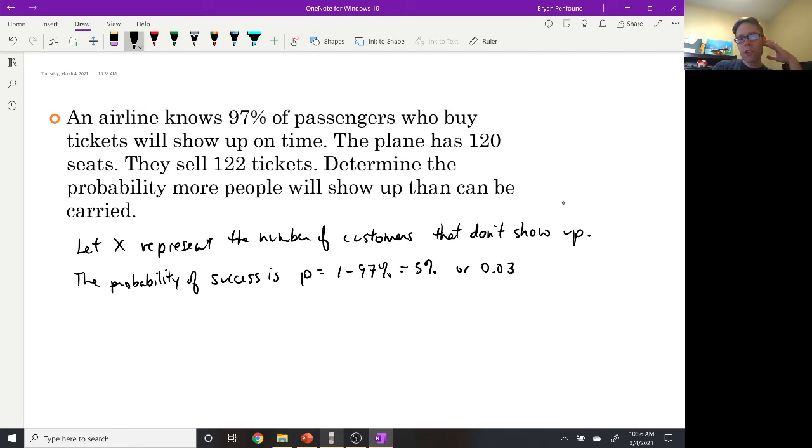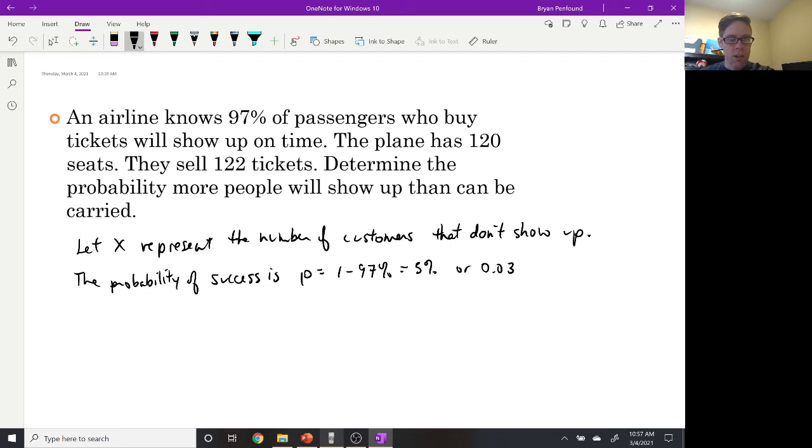So if x represents a customer not showing up, then the probability of success is going to be 1 minus 97%, because we know that 97% of the time the customer will show up. So we're flipping this one on its head a little bit. From the airline's perspective, they actually want some of their customers not to show up. So a success for them would be a customer not showing up, and that happens 3% of the time.